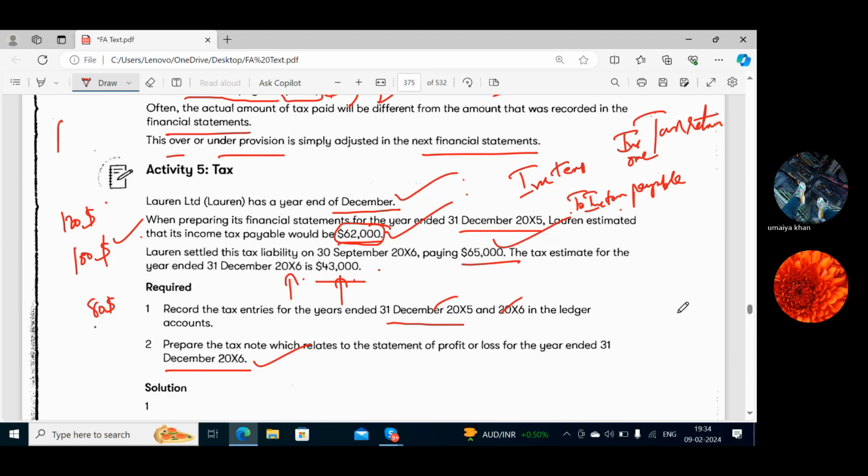So 65,000 is what the Lauren settled this tax liability on 30th September 2006 by paying 65,000. So they had an income tax payable of 62 and they are paying how much? 65, right? Correct? 62 they like estimated, and 65 is what they are paying. So what is 3,000?